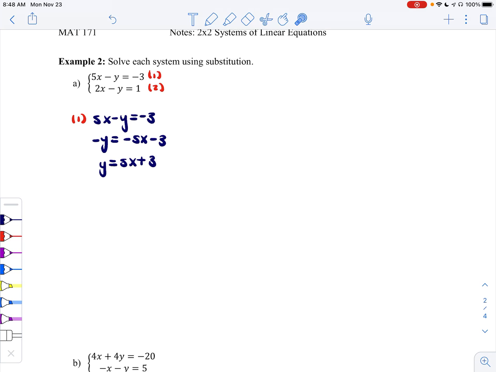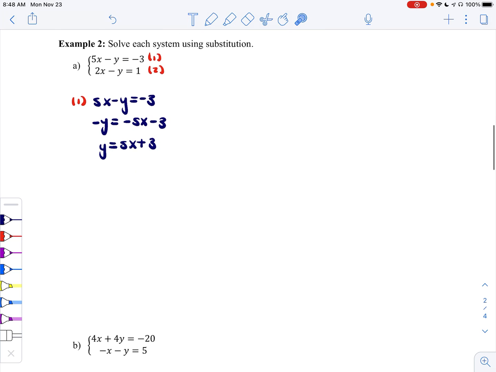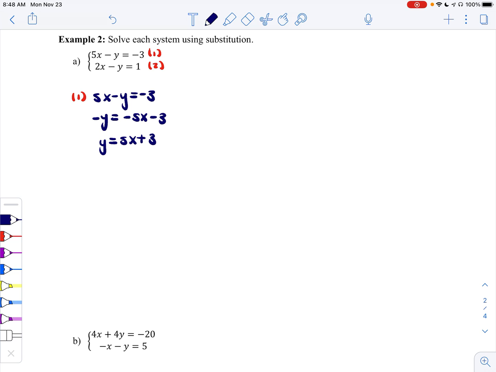Now, what I mean by this is just in place of the y right here, we're going to substitute in 5x plus 3. All right, so this is our substitute step. So we'll have 2x minus, I'm just going to put it all in parentheses, and in place of my y, I'm just substituting in the 5x plus 3.